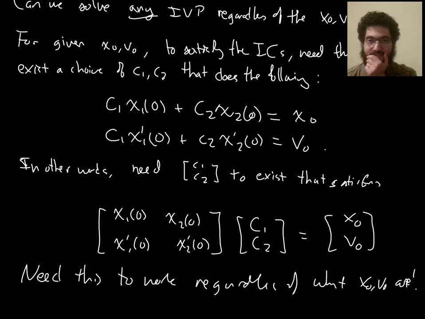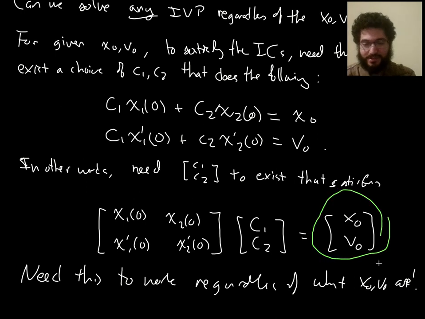Okay, this is something you've seen in linear algebra before. When does a linear system, matrix of coefficients on vector equals vector, have a solution regardless of what vector appears on the right-hand side?